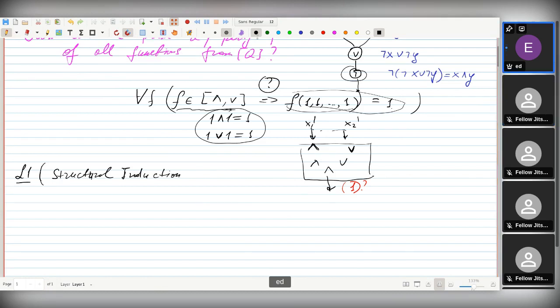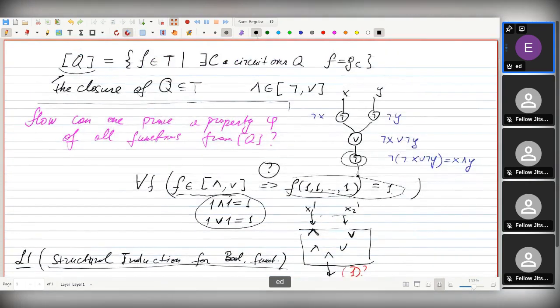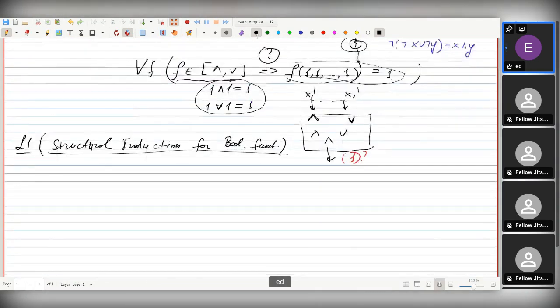So now we're interested in structural induction for Boolean circuits or Boolean functions. We may prove things about Boolean functions analyzing circuits which compute these functions.